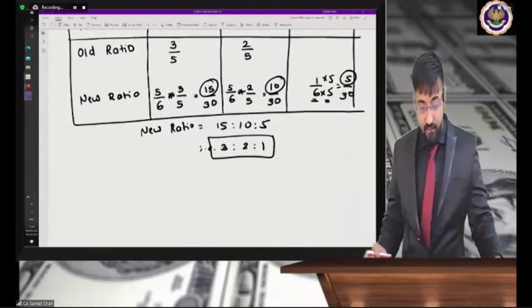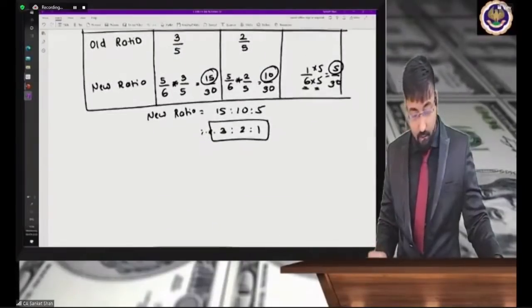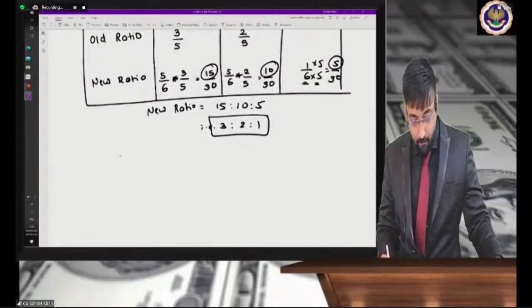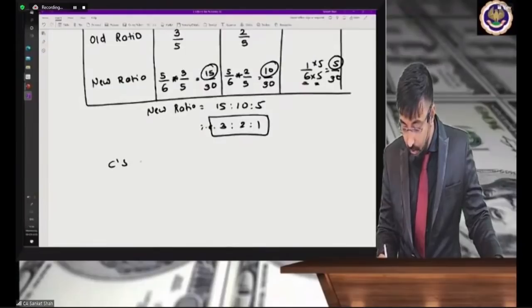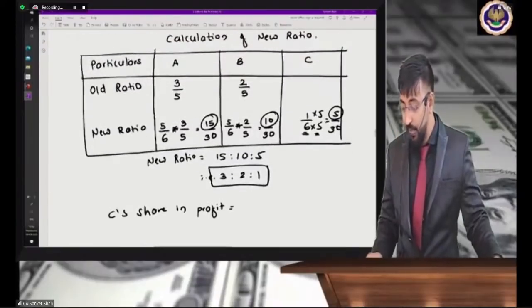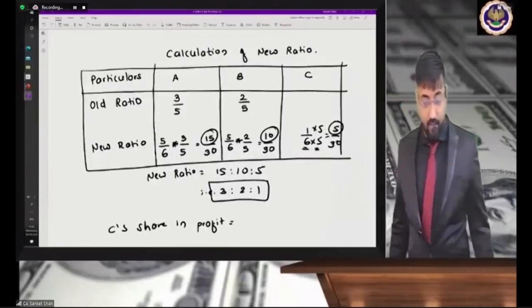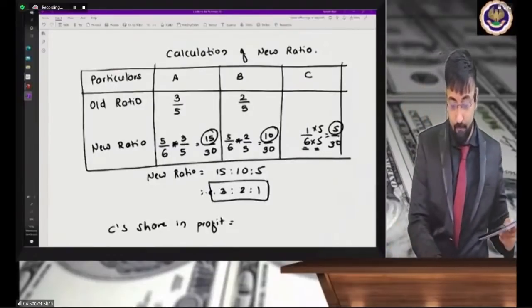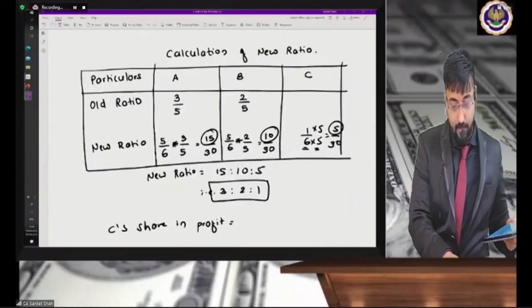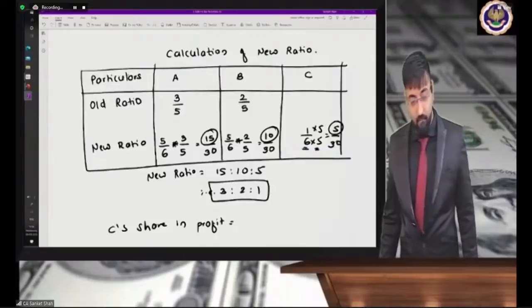Now question is, so new ratio you got. First one. What is C's share in profit? Now you can write this. Yes, write down calculation of new ratio.